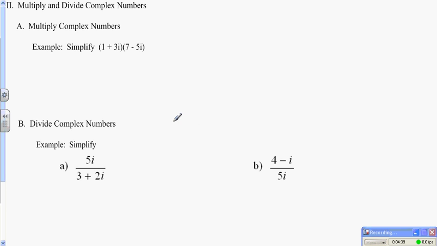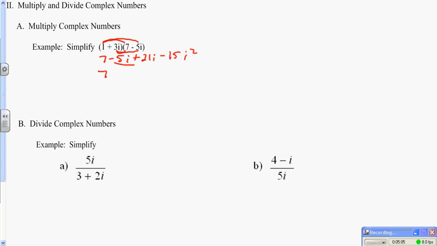Multiplication is, again, a FOIL process. So if we FOIL this, first times first gives us 7. Outside gives us negative 5i. Inside gives us plus 21i. And last gives us negative 15i squared.